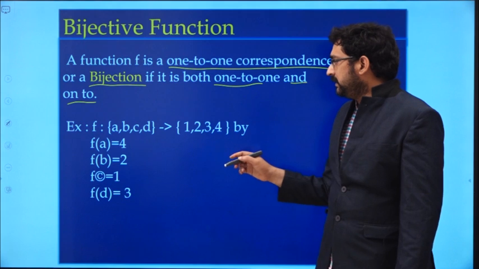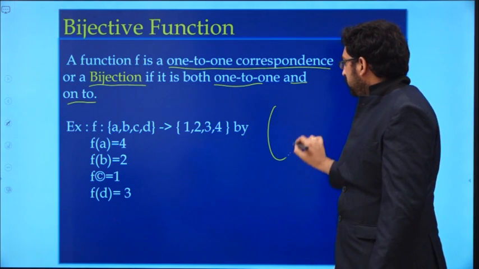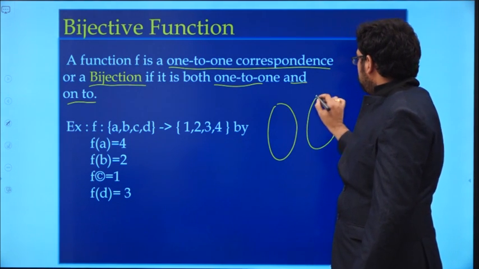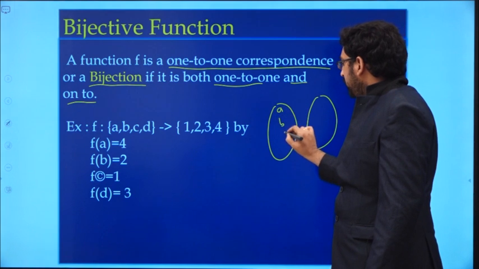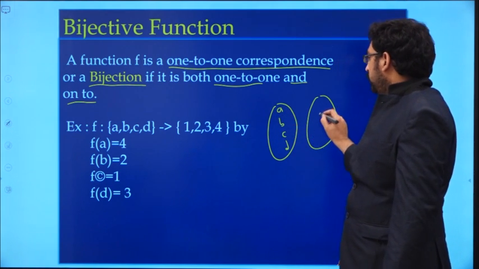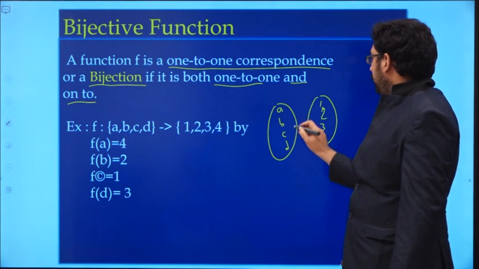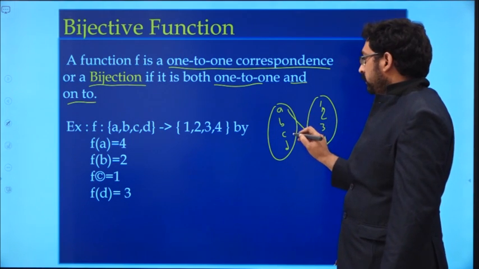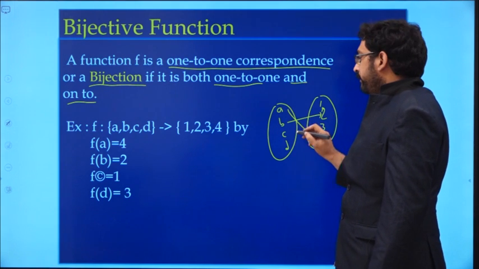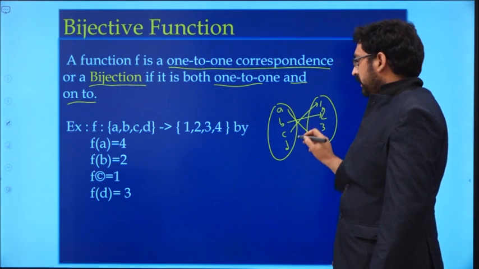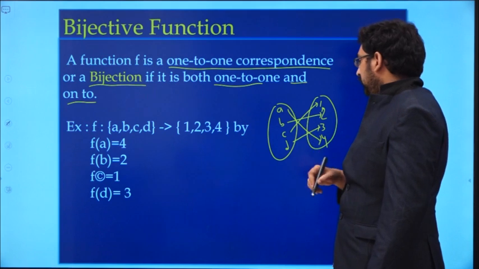Here an example is given, f is a function from a, b, c, d to 1, 2, 3, 4. So, the domain contains a, b, c, d, and the codomain contains 1, 2, 3, 4. A is mapped to 4, b is mapped to 2, c is mapped to 1, d is mapped to 3.